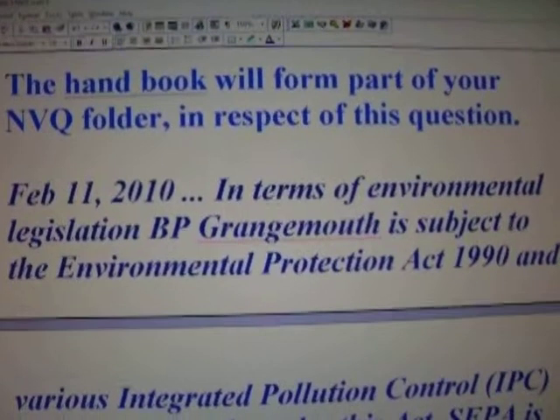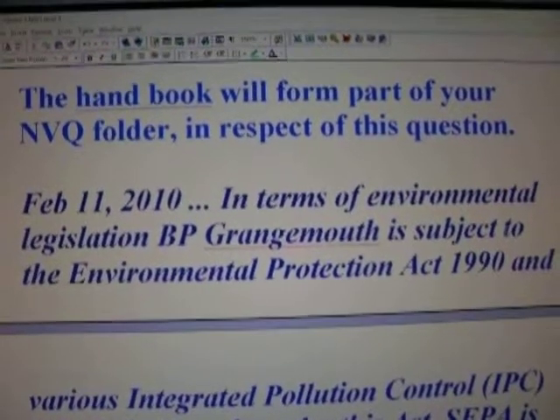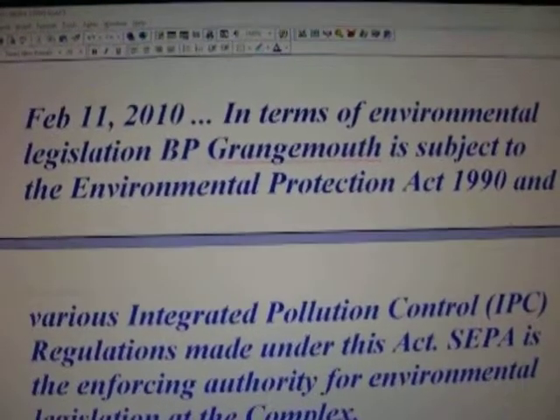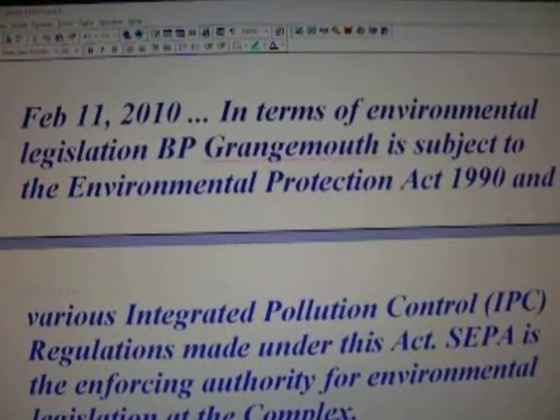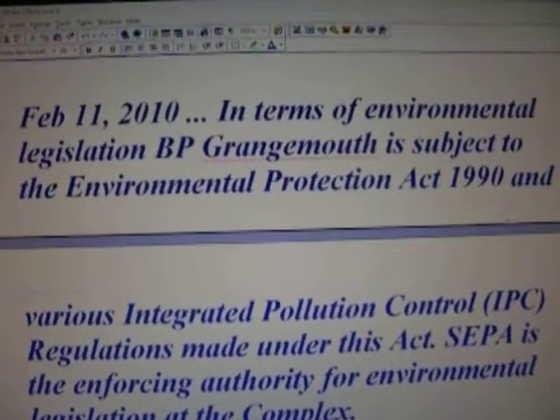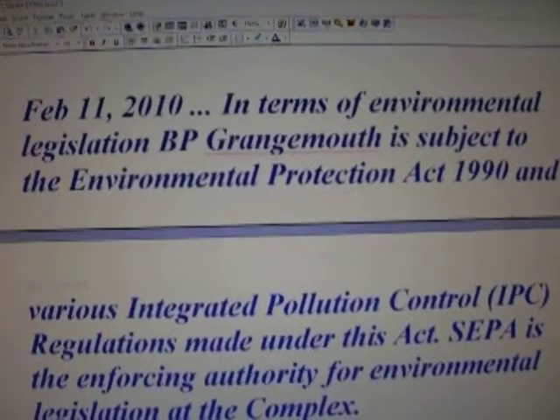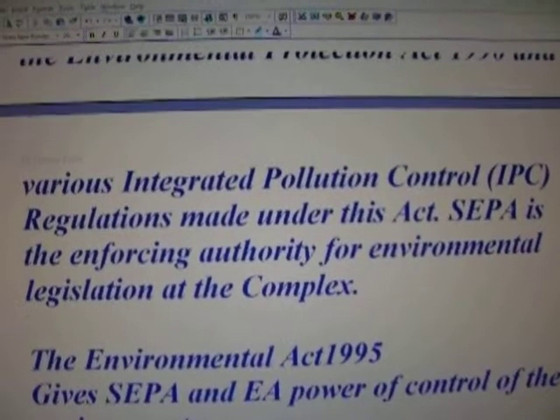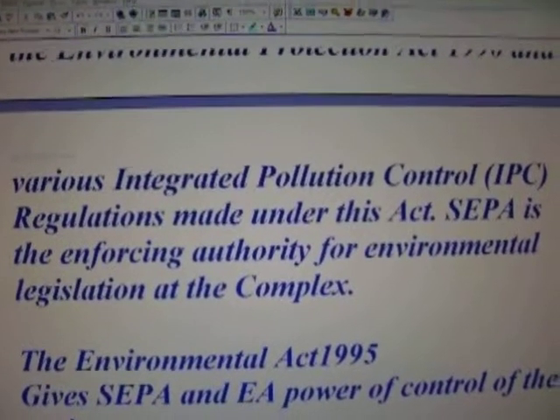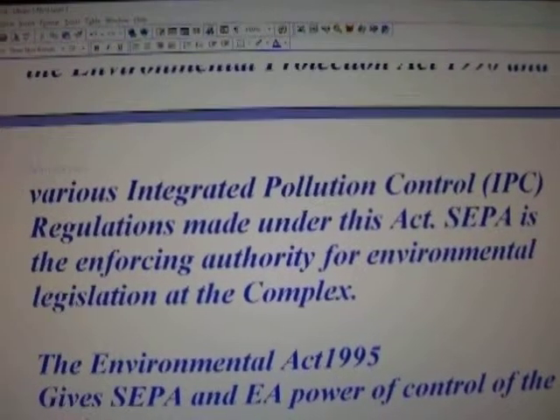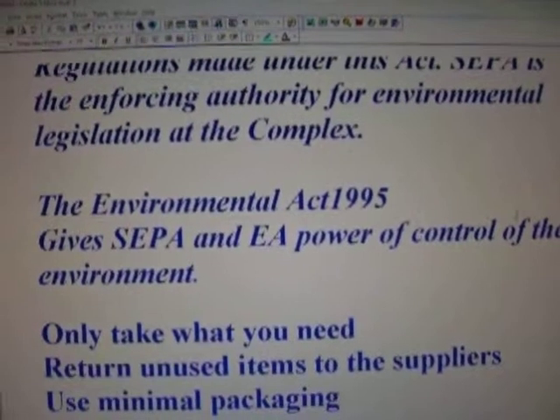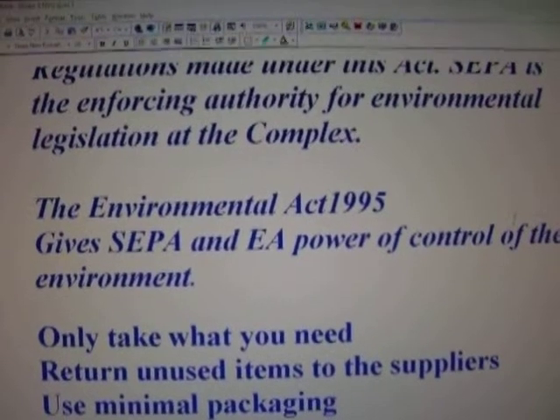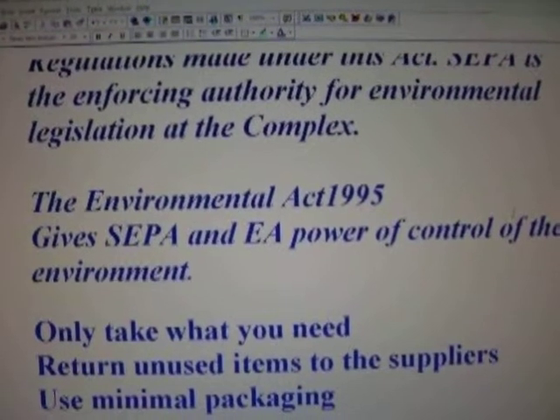And again, here I've gone on to give an example of a company that had infringed the Environmental Act and action was taken against them by SEPA. Okay? I've told you what SEPA means in the text written already, and again you can read that for yourself. Again, do not forget it's the Environmental Act 1995.